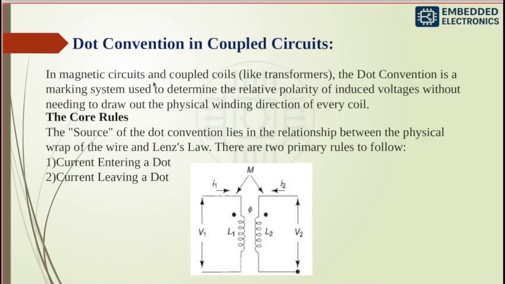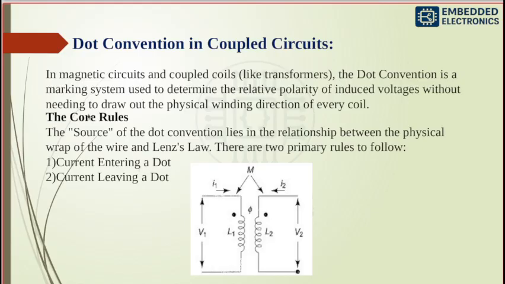So in magnetic circuits and coupled circuits like transformers, we have the dot convention, which is a marking system. It is used to determine the relative polarity of induced voltages without needing to draw out the physical winding direction of every coil.